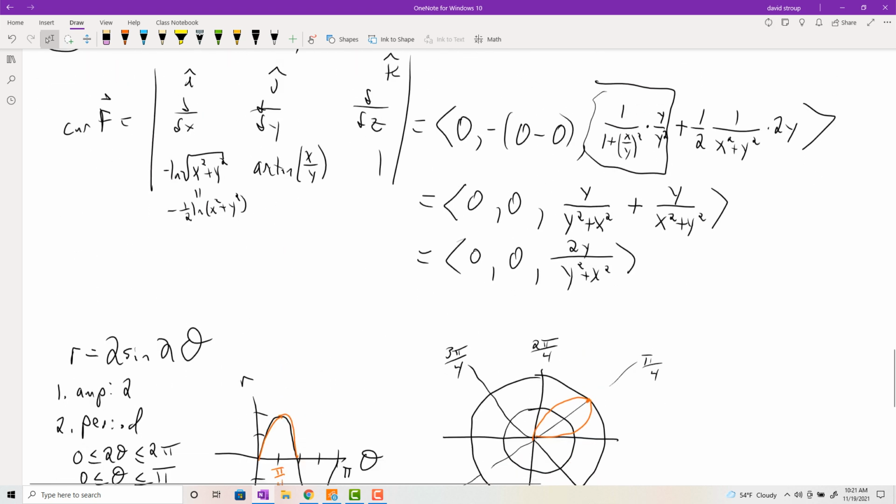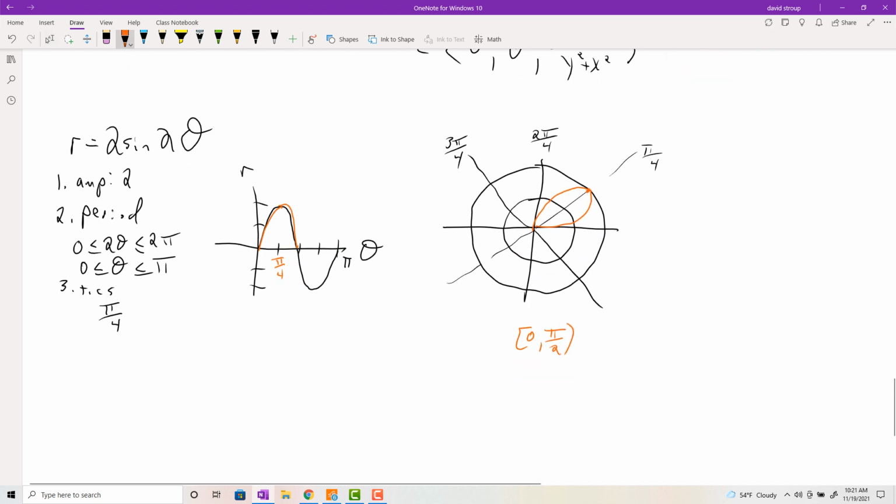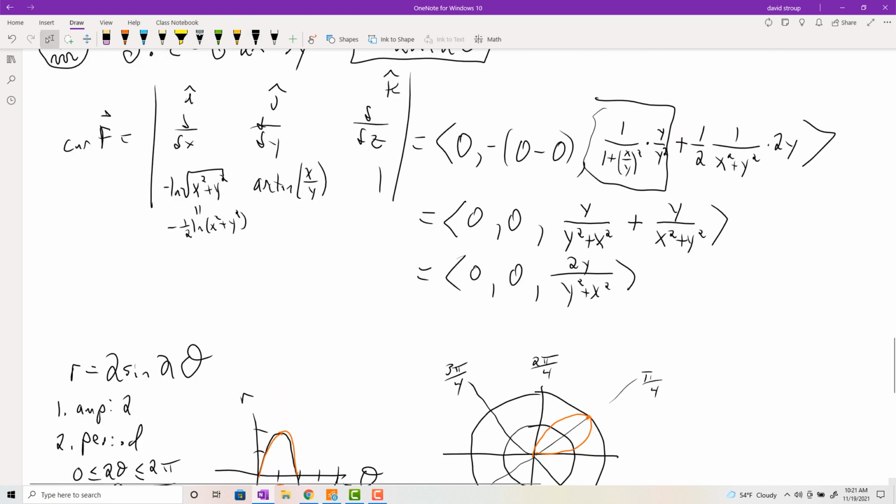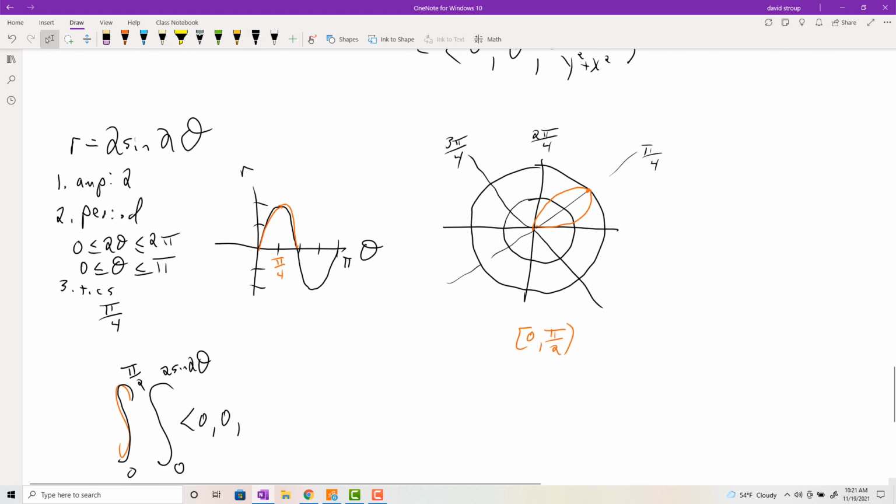Right, so I'm going to take my double integral now. It's going to be a polar integral. So I'm integrating from 0 to pi over 2, and the r value is going from 0 to 2 sine 2 theta. I hope that's not too scary. And then I have the curl of f, which we found to be 0, 0, and then 2y all over y squared plus x squared.